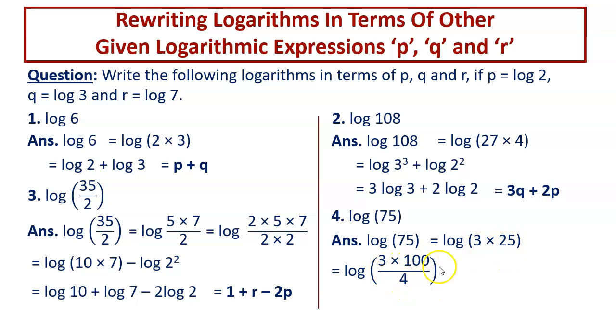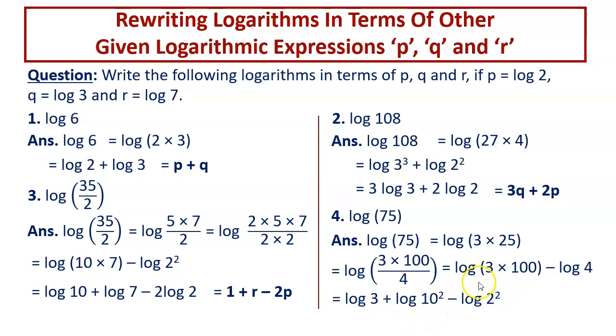In place of 3 times 25, we are writing 3 times 100 over 4. And we expand, it is log of 3 times 100 minus log of 4. And 4 is 2 to the power of 2 and 100 is 10 to the power of 2. And we expand this part, it is log of 3 plus log of 10 to the power of 2 minus log of 2 to the power of 2.